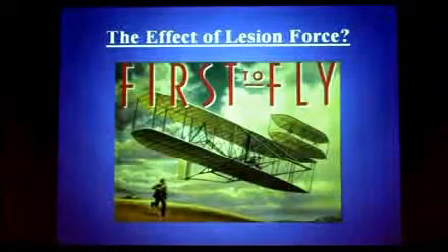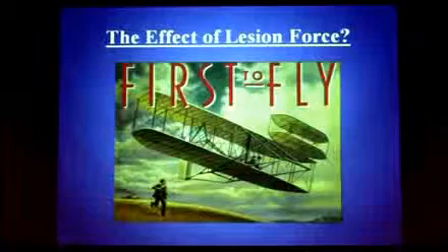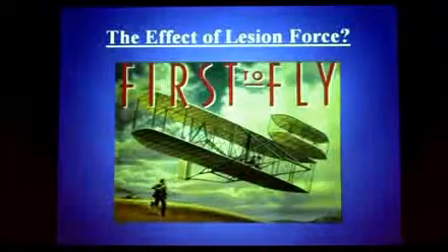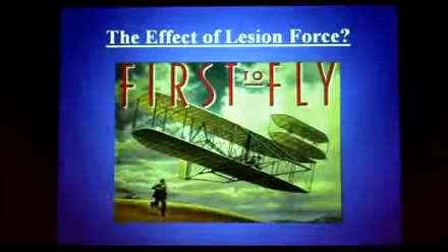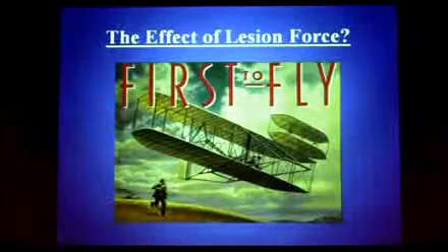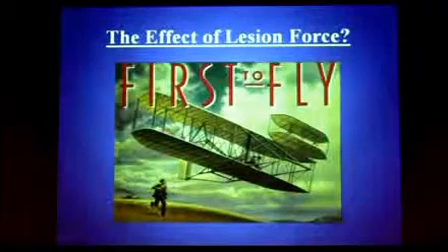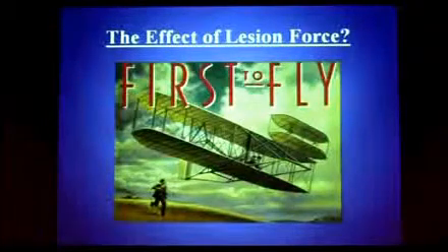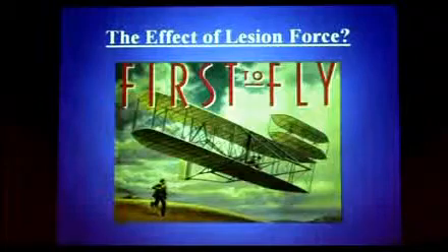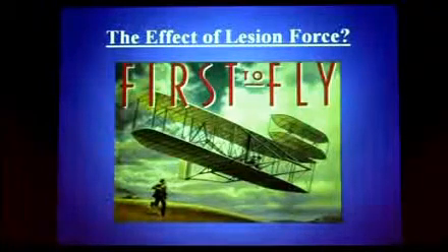Okay, in order to visualize how the body works through the fascial system, we need to look at this model of the Wright brothers, the ones who invented the first airplane. If you look at the picture, there are no rudders or anything like that.